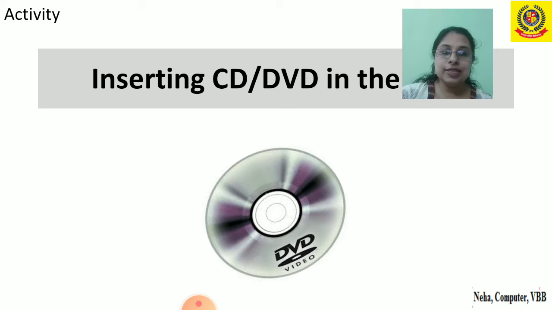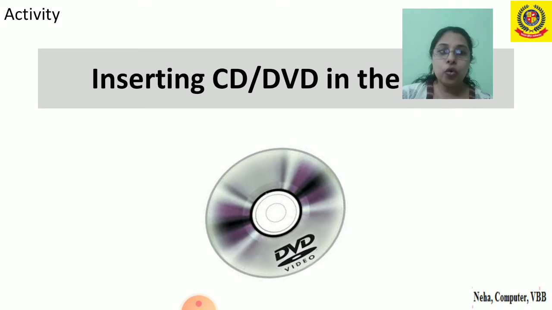The difference is that a DVD stores more files and programs compared to a CD. The shape of a CD you can see in the picture; it is round in shape, right? And it also has a shining surface on one side.